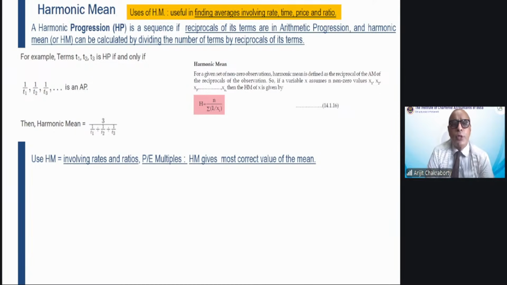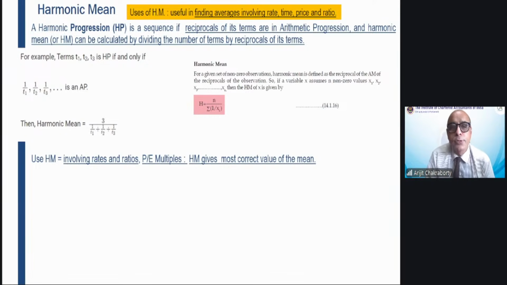Now, as I was mentioning earlier, harmonic mean is used in specific cases like rates and ratios, and specifically in cases like price earnings ratio, one of the very common ratios. Many of you who are interested in investing have understood the basic financial statement ratios. Many of you understand what is EPS, earnings per share.